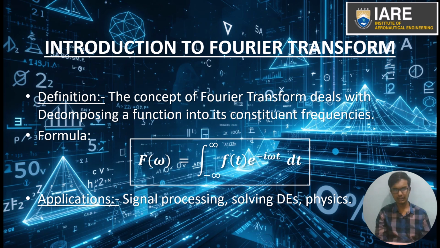This concept has a few key applications: signal processing in audio analysis, radio analysis, and image analysis; solving DEs or differential equations, because it transforms hard problems into simpler algebraic ones; and it is implemented in physics too, especially in quantum mechanics and wave analysis. Hence, this is the introduction to Fourier transform.